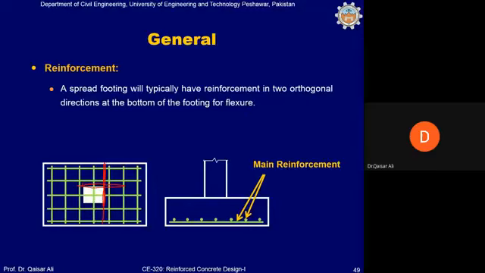If the column is square in shape, we'll only design this side, and the same reinforcement can be placed on the other sides. We will be discussing the design of square footing. In the case of square footing, we will design only one side of the footing, and the same reinforcement will be placed along all the sides because the sides will be equal.